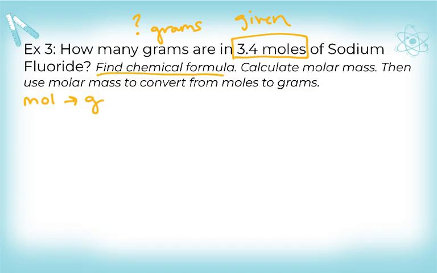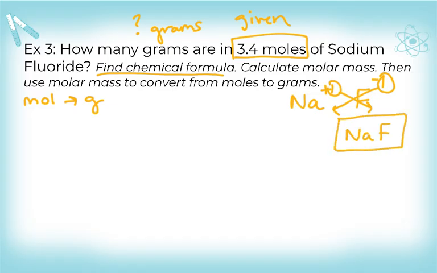If we have sodium fluoride, sodium has a +1 charge. Fluorine has a -1 charge. So when I do my drop and switch, I'm going to need 1 sodium and 1 fluorine, NaF. And so I can find the molar mass. Sodium, I have 1 sodium.